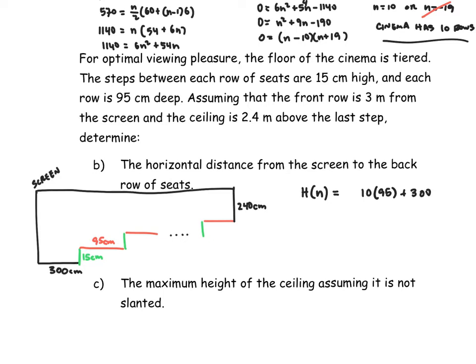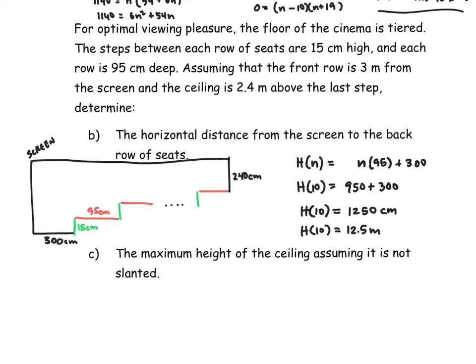So in terms of n, I would have 95n plus 300. So the horizontal length of the entire cinema would be 950 plus 300, which is 1,250 centimeters. Now if it asks you for that in meters, just move the decimal. You have 12.5 meters.